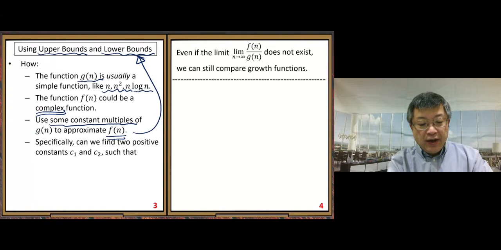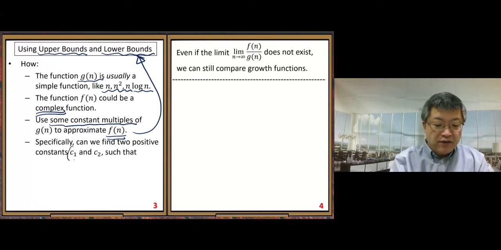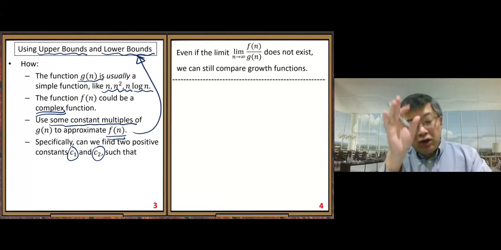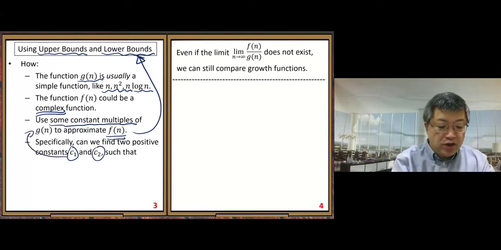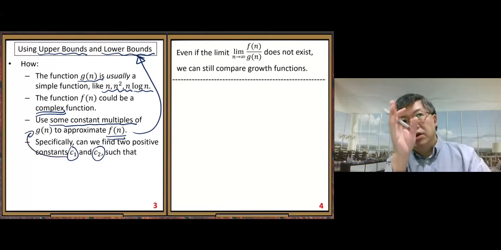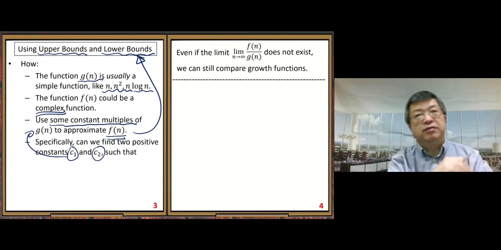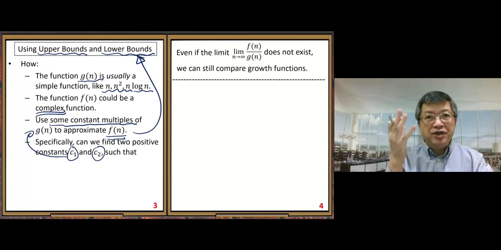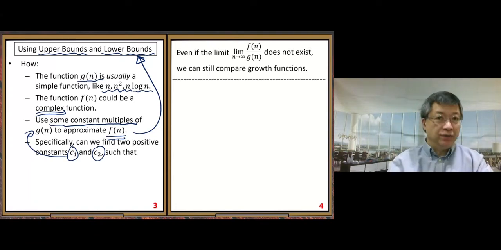Specifically, we use two positive constants, C1, C2, multiples of the g function to approximate the f function. That is the idea for this asymptotic notation.